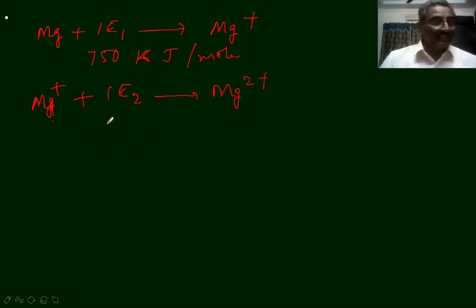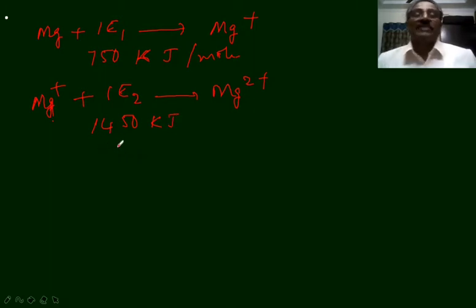So here the ionization energy is 1450 kilojoules. If 1450 kilojoules of energy are available for 1 mole of Mg plus ions, 1 mole of Mg2 plus ions are formed.